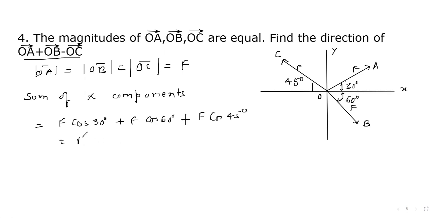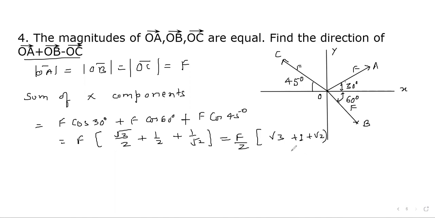We take F outside. This is root 3 by 2 plus 1 by 2 plus 1 by root 2, so this will become F upon 2 times root 3 plus 1 plus root 2. So this is the sum of X components.